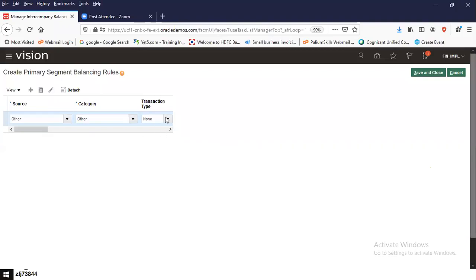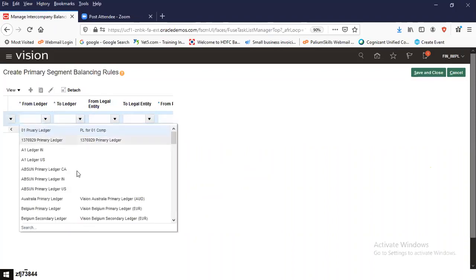Okay. The transaction type is none. From ledger is the US primary ledger.